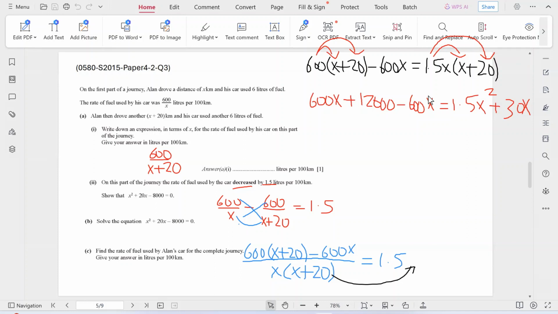The nice thing about this is that we can simply cross out 600x with 600x, because these are equivalent terms with opposite signs, so you can just cancel out. And you can take the 12,000 to the other side. So you get 0 on the left equals 1.5x squared plus 30x minus 12,000.